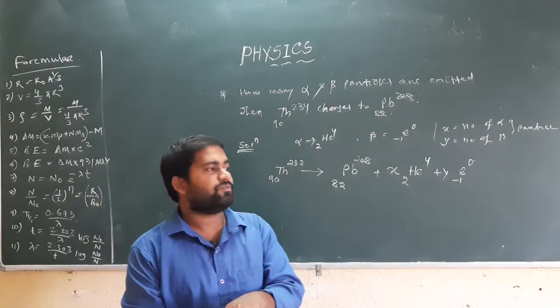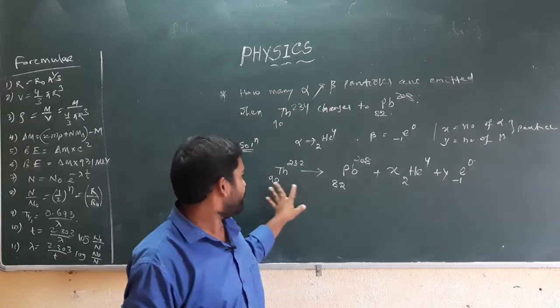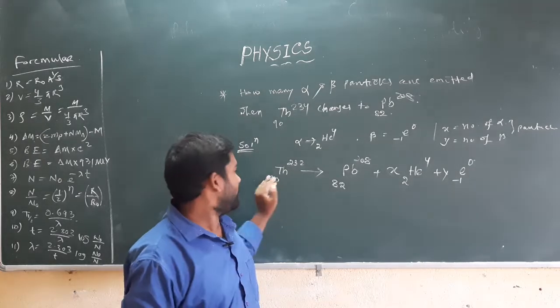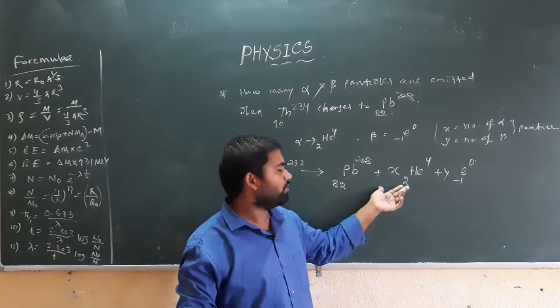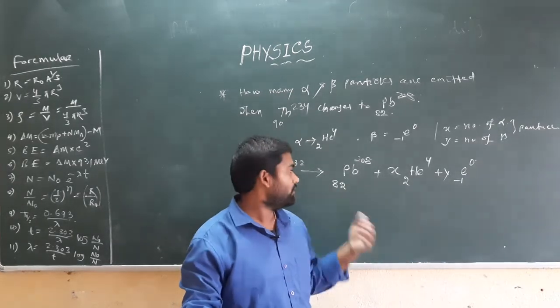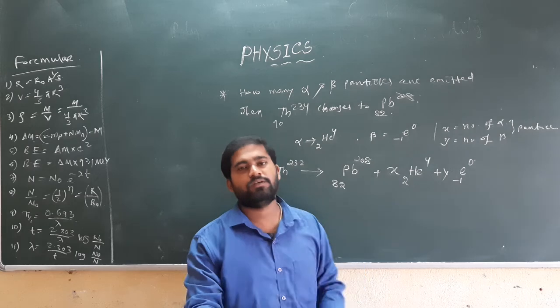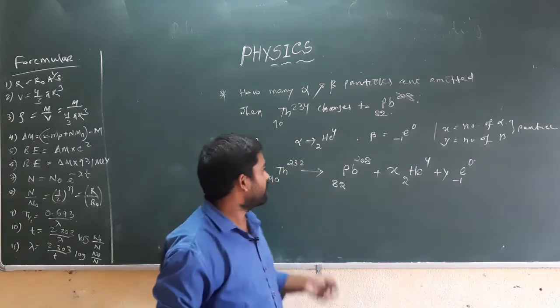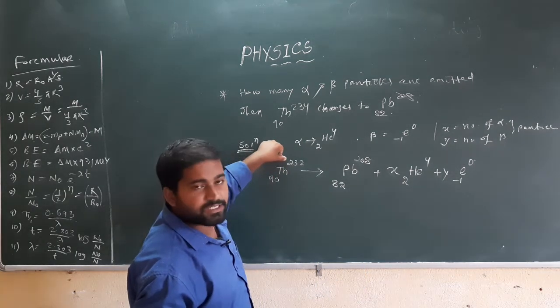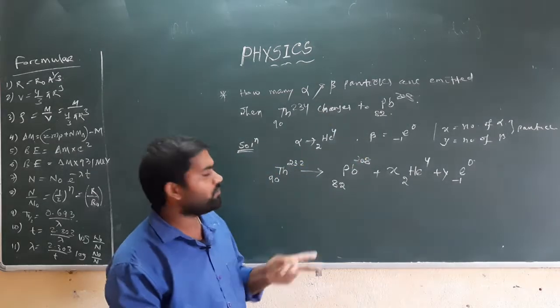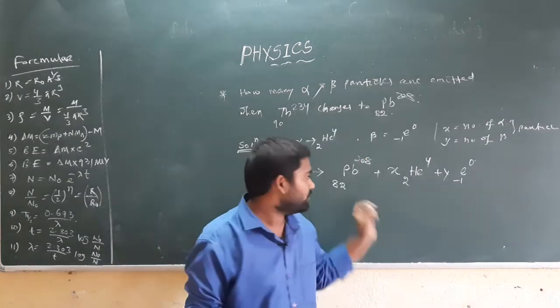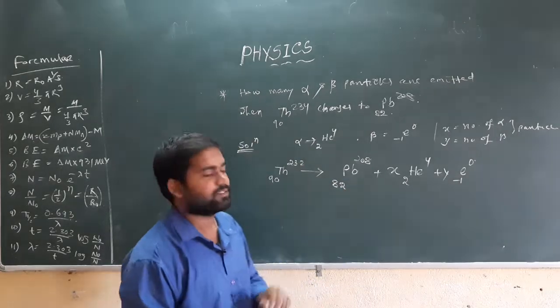The conservation law means the atomic number before the radioactivity is equal to the atomic number after the reaction, and the mass number before the reaction must be equal to the mass number after the reaction. So two different equations arise from this nuclear reaction.